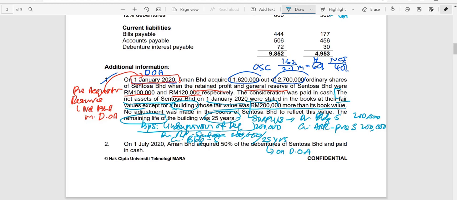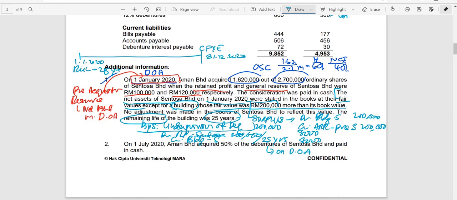If it were on the reporting date, the current financial year end 31st of December 2020, it would not be 25 years; it would be 24 years. But it is actually 1st of January 2020, so the remaining useful life is 25 years. The later it is, the shorter the remaining useful life. So that will give you 8,000.